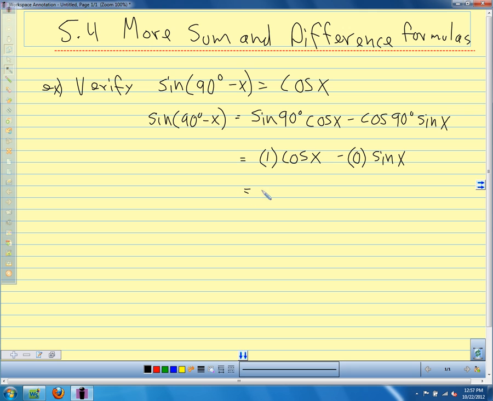And this just simplifies to the cosine of x. So I've just verified this identity, using our formula for the sine of the difference of two angles.